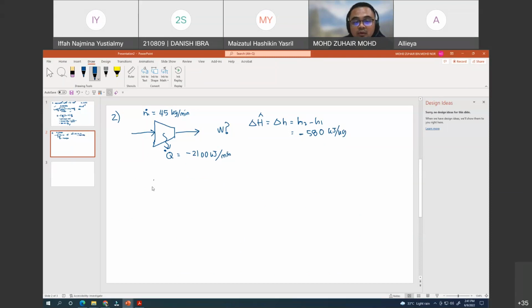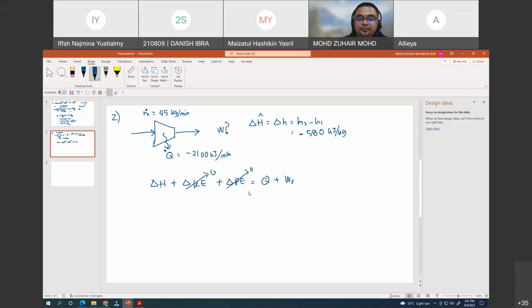So first of all, just tulis balik the general equation: delta H equals Q plus WS. The question already stated that delta PE and delta KE can be considered zero.